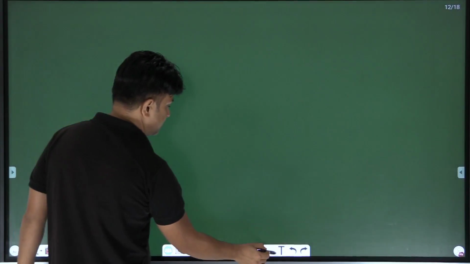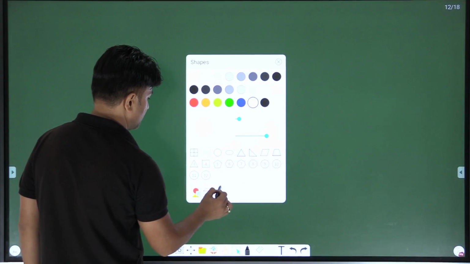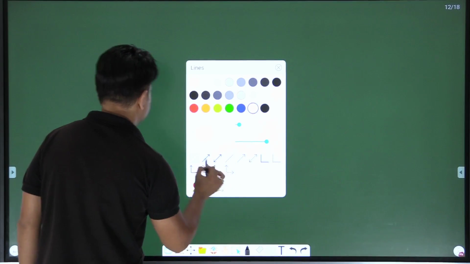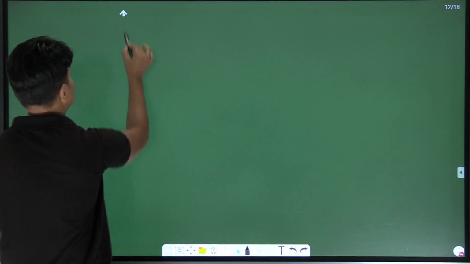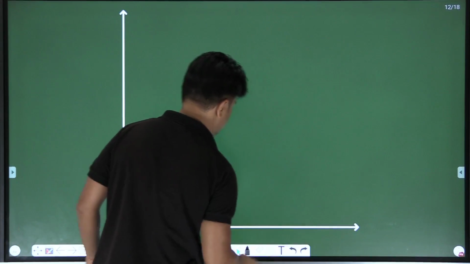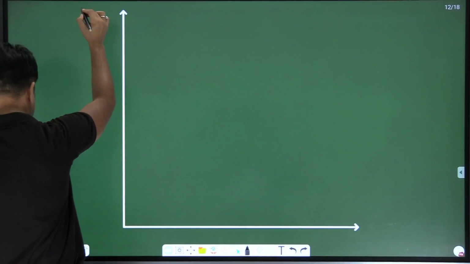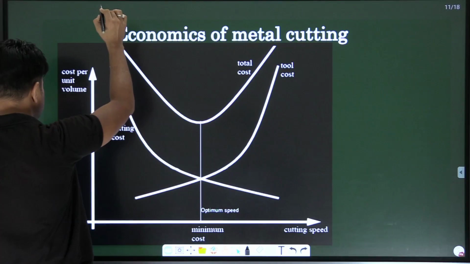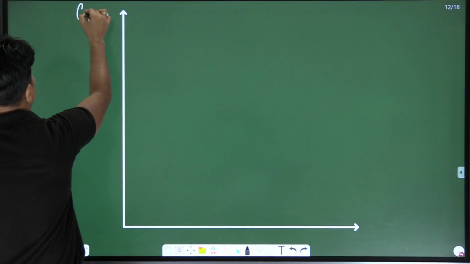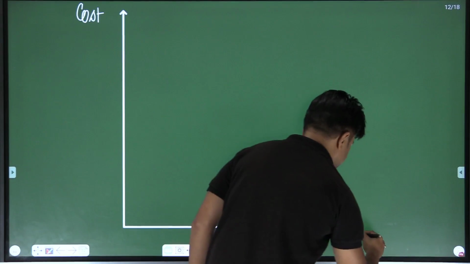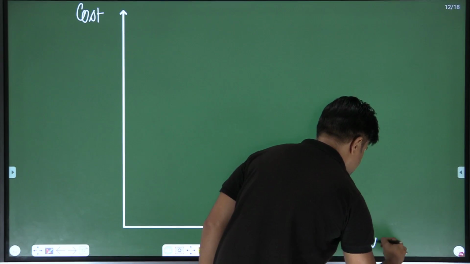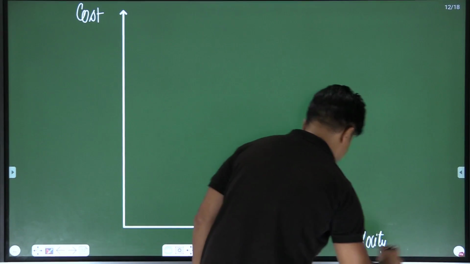Here you can see there is a graph. On the y axis is cost per unit volume, or I will simply write cost, and on the x axis I simply write velocity, right.